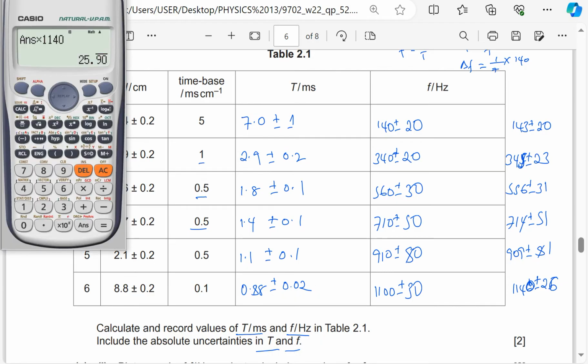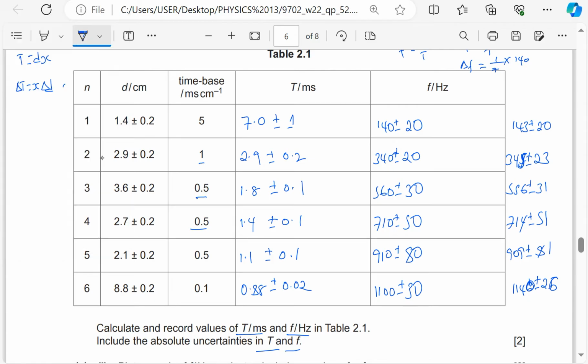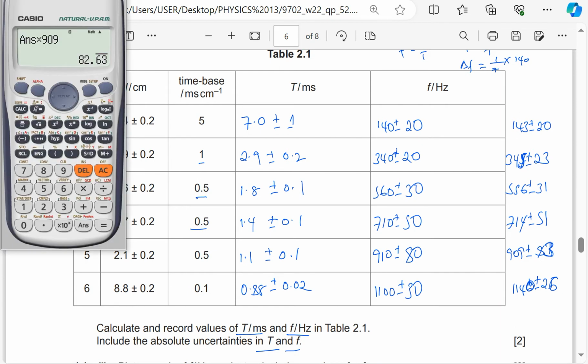Let me check the other one, 0.1 divided by 1.1 times 909. This is approximately 83, not 80. Let me check the other one, 0.1 divided by 1.4 times 714. That's 51.